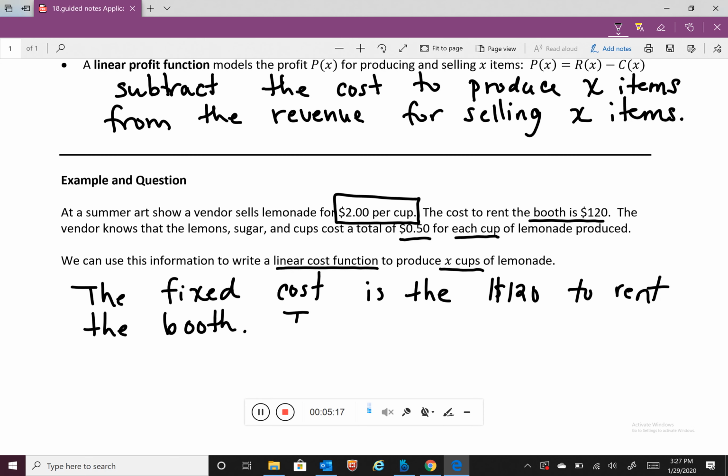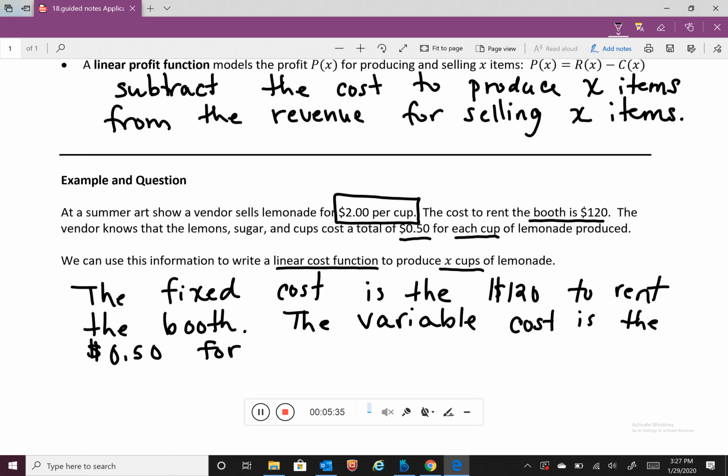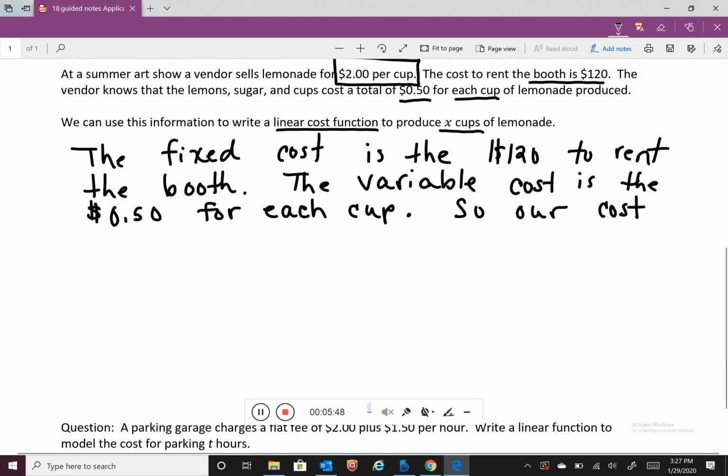The variable cost, remember variable means to change. So the variable cost is the 50 cents. Not that the 50 cents is changing, but it changes in a total amount because it's 50 cents for each cup. So our cost function is a combination of the fixed cost and the variable cost.